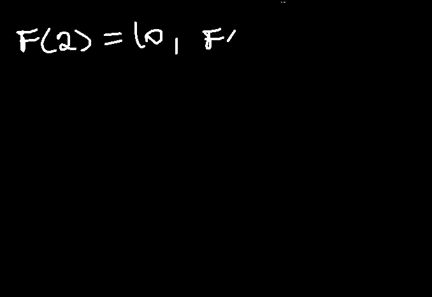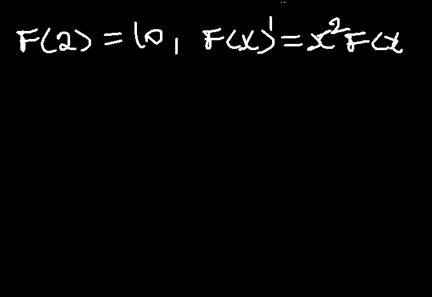Let's say we also have another case as well. Let's say f of 2 is given as 10, and f of x prime, a single prime, is given as x squared times f of x.